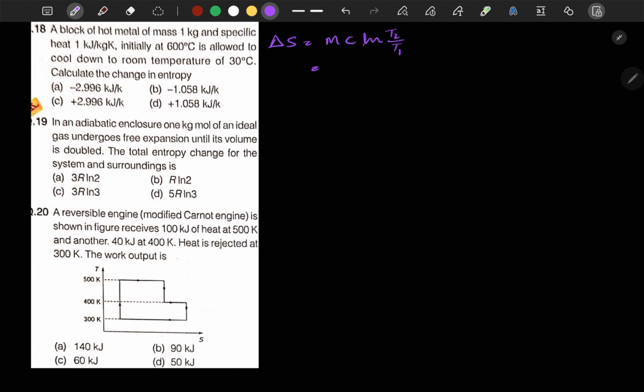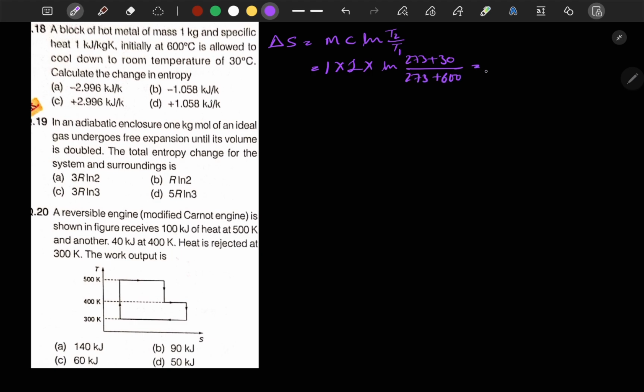Mass is 1 and specific heat is 1, into ln of final temperature, which is room temperature 30 degrees Celsius, that is 273 plus 30, and initial is 273 plus 600.